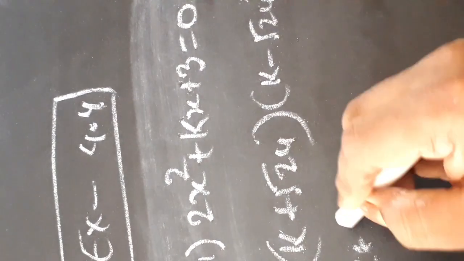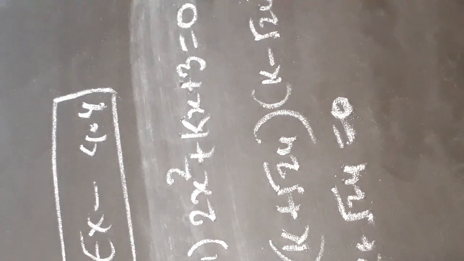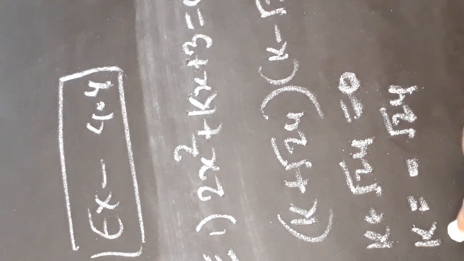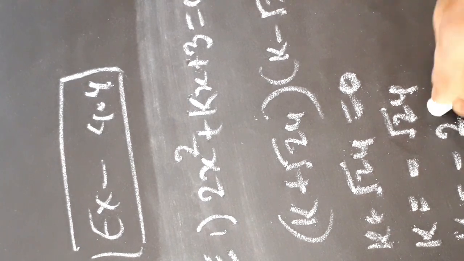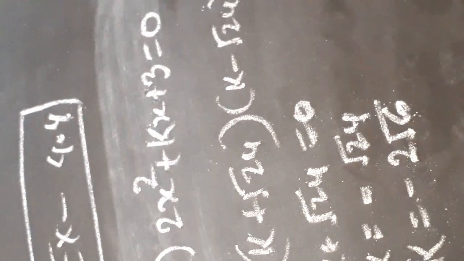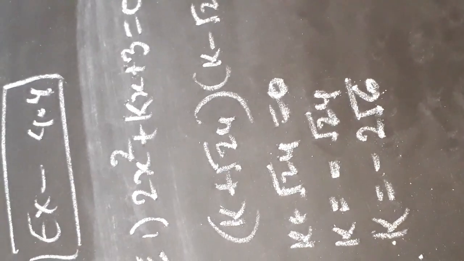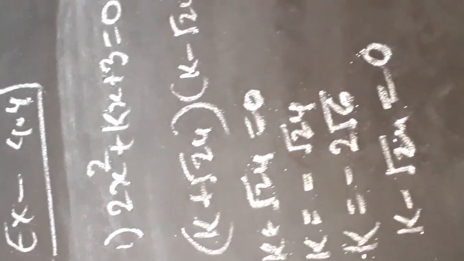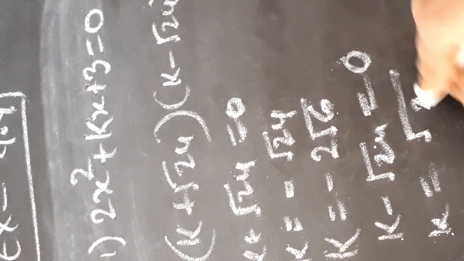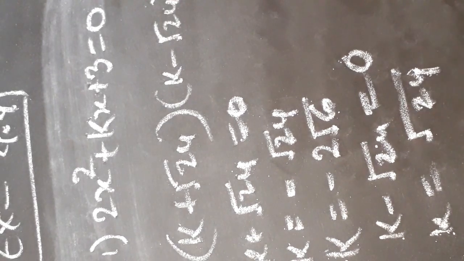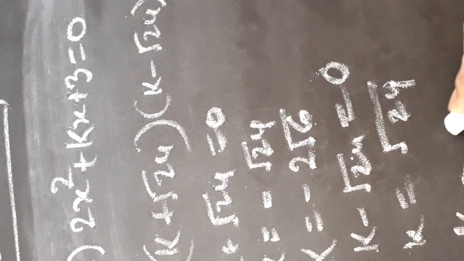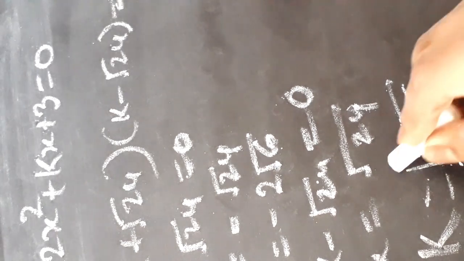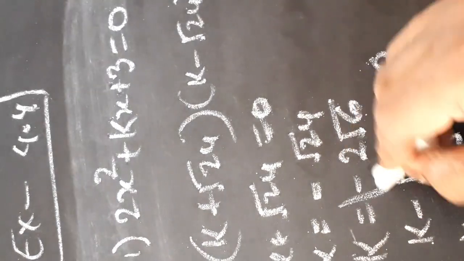First we take k + √24 = 0, means k = −√24, means k = −2√6. The other value: we take k − √24 = 0, means k = √24, means k = 2√6. In this way we have two values of k: one is 2√6 and the other is −2√6.